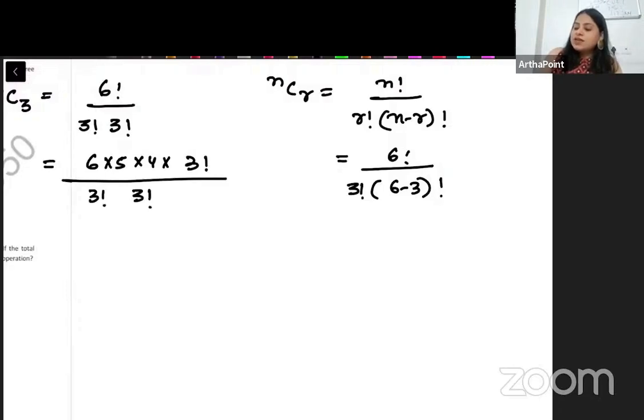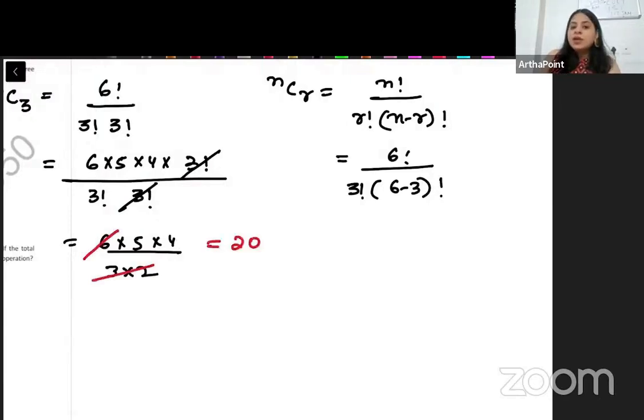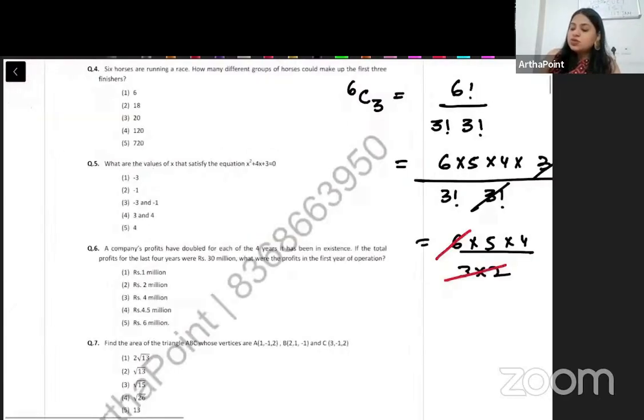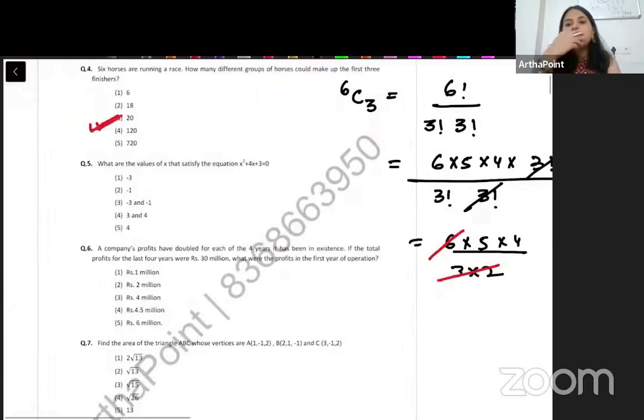So beta, this will get cancelled out, and this will be 6 into 5 into 4 upon 3 into 2. 3 factorial is 3 into 2. So 3 into 2 is 6, and 6 cancelled, and this will be 20. So answer to this question will be 3, and it will be 20. I hope this is clear to you.